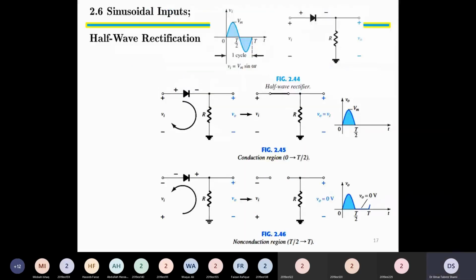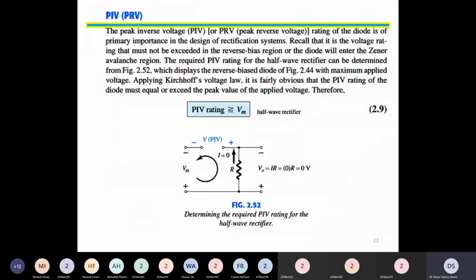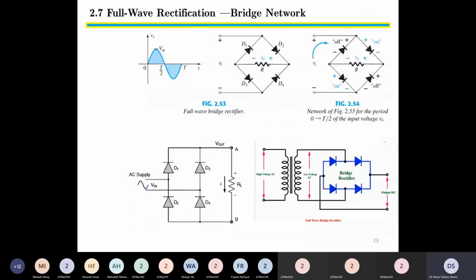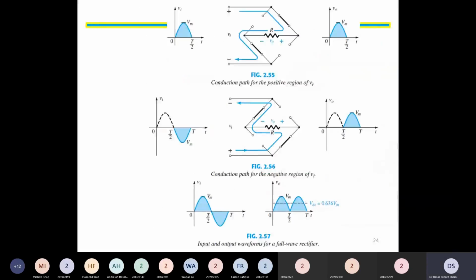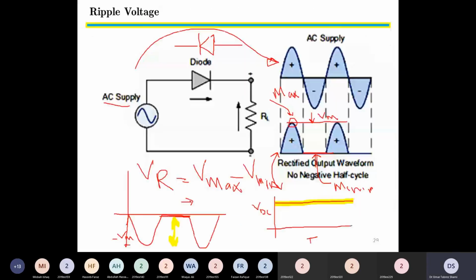Then we did the AC to DC rectification using a single diode, or the full wave diode bridge network, or the center tapped transformer based bridge network. Then last time we discussed the ripple voltage.